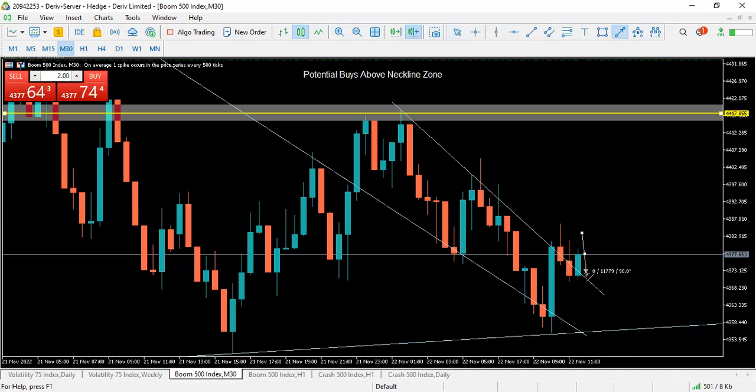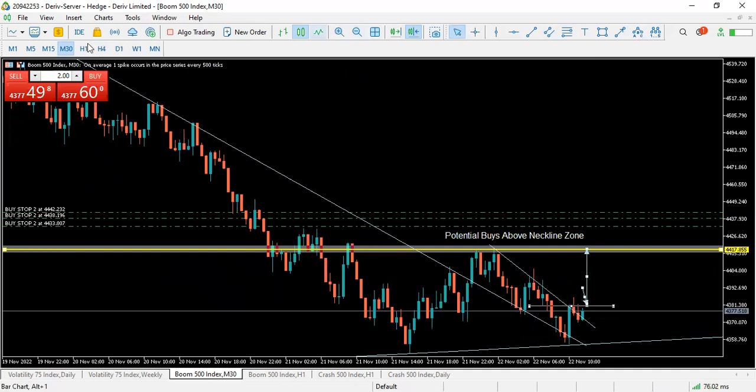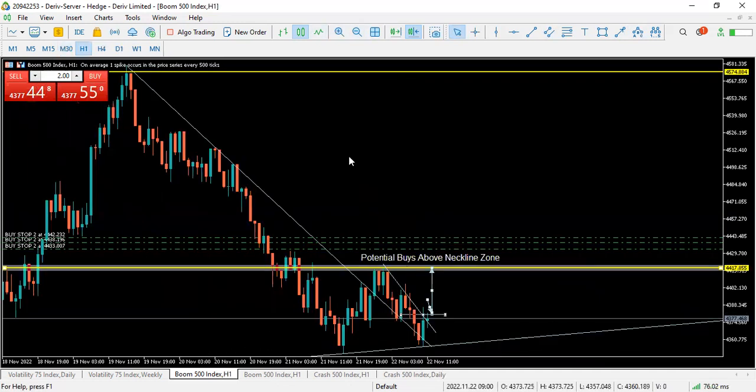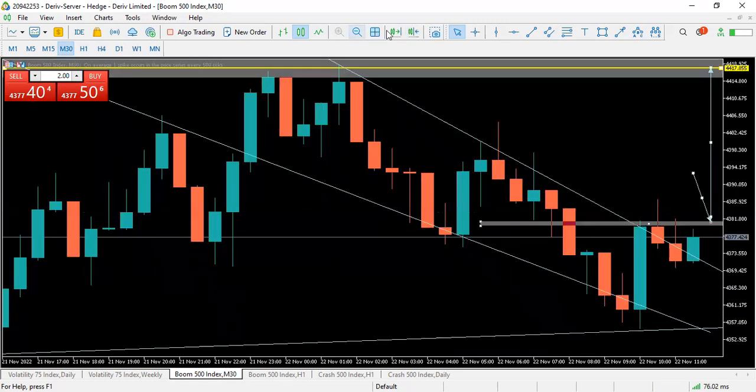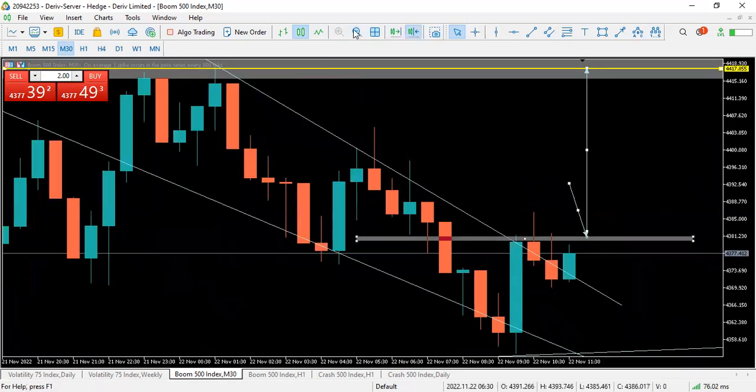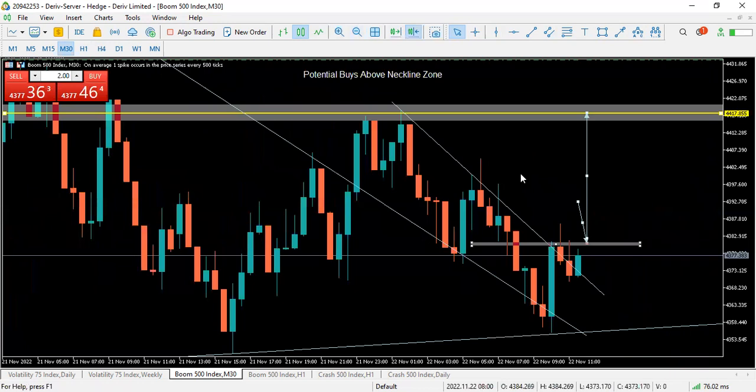If you get a touch on this level, or even above it, if you get a retest either on the trend line or on that level there, you can also attempt to get some buys, but the safest buys are after the break of the neckline, the double bottom neckline. Those are the most probable safest buys that one can enter, unlike these ones that you enter below the neckline.